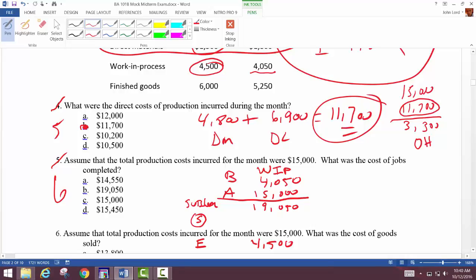So I do my little side calculation, 19,050 minus 4,500 means that I must have subtracted what, 13,800 from my work in progress and sent that off to finished goods?